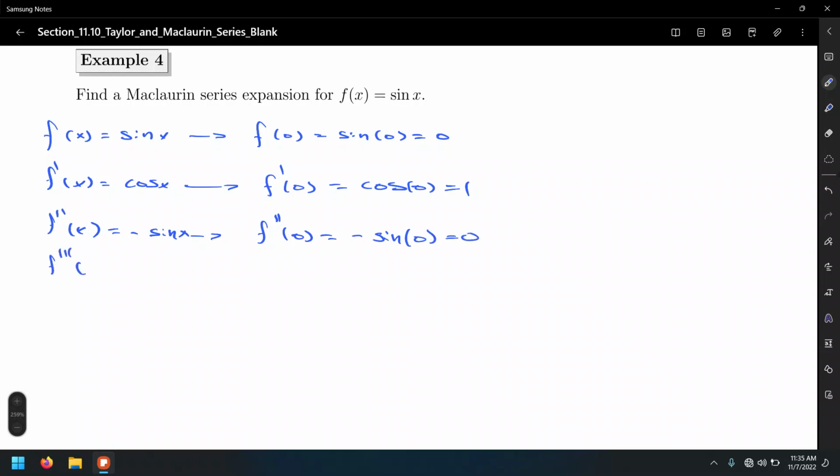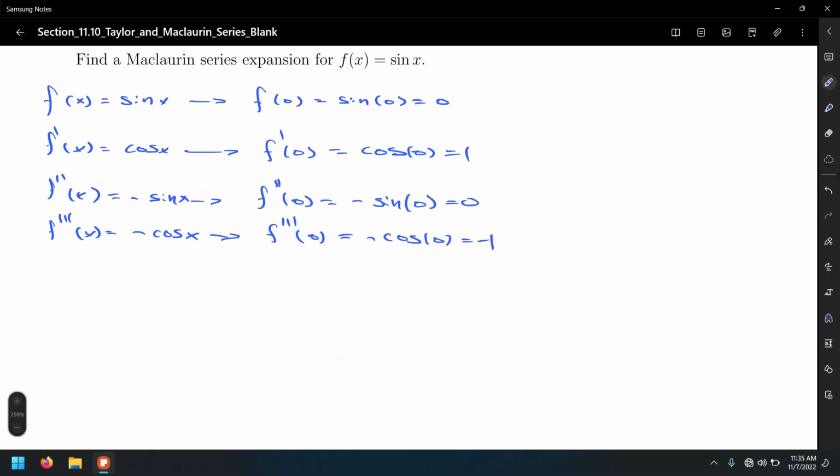The third derivative, negative cosine, and the third derivative evaluated at 0, that's negative cosine of 0, which is negative 1, because cosine of 0 is 1 times a negative in the front.